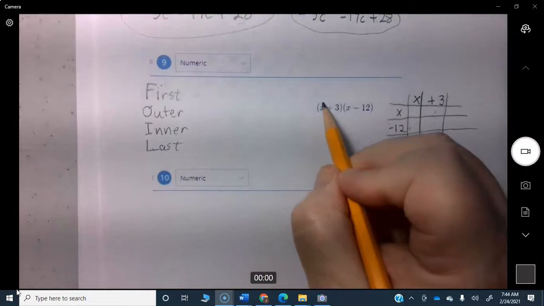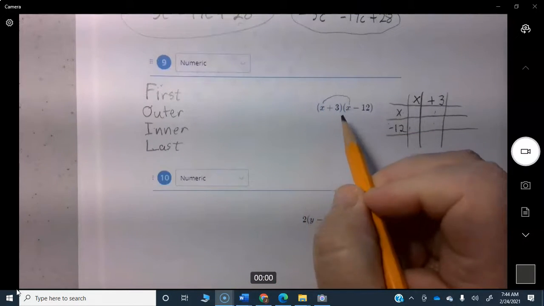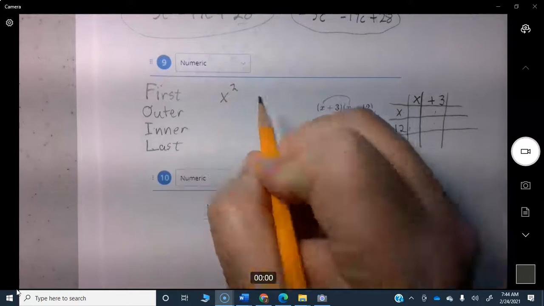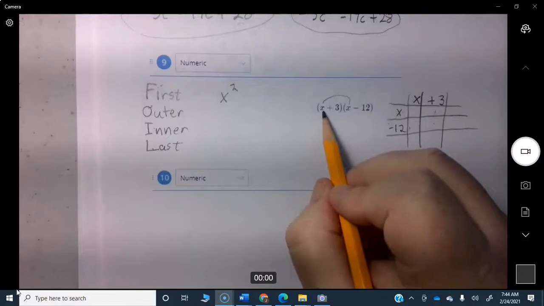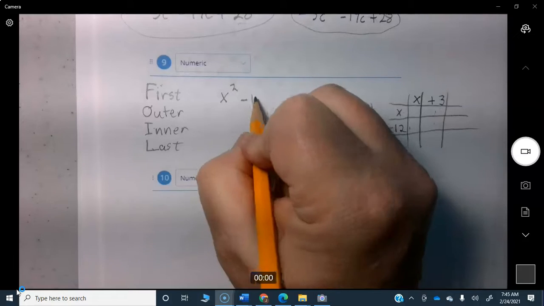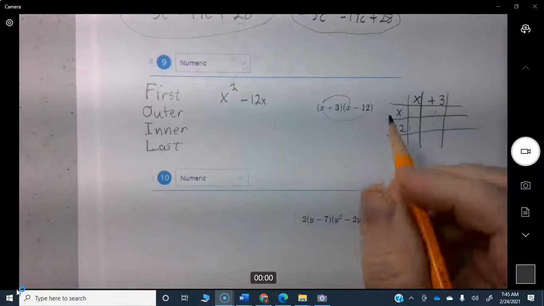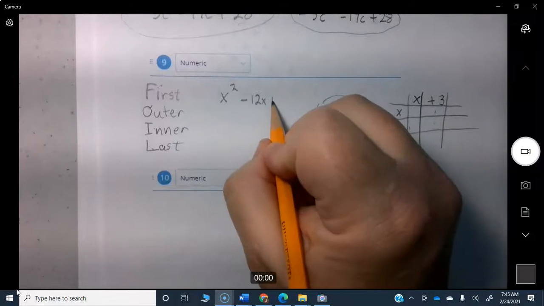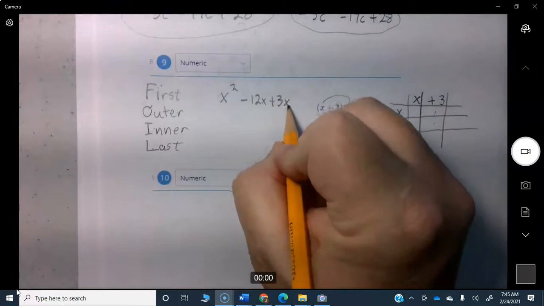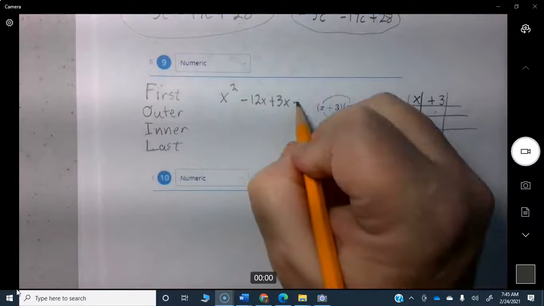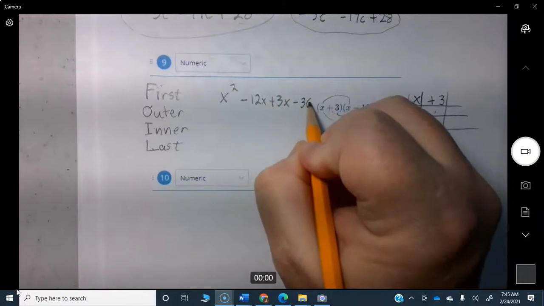So you do a first. That's the x times the x. So x times x is x squared. The next is the outer. That's x times negative 12, so that's negative 12x. The next is the inner. That's 3 times x, plus 3x. And the next is the last. That's 3 times negative 12, which is negative 36.